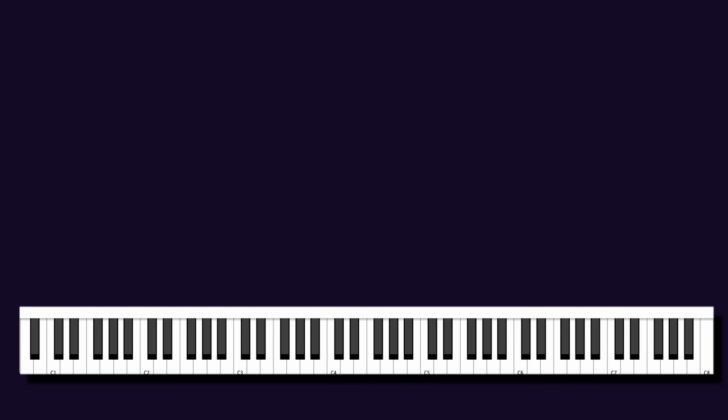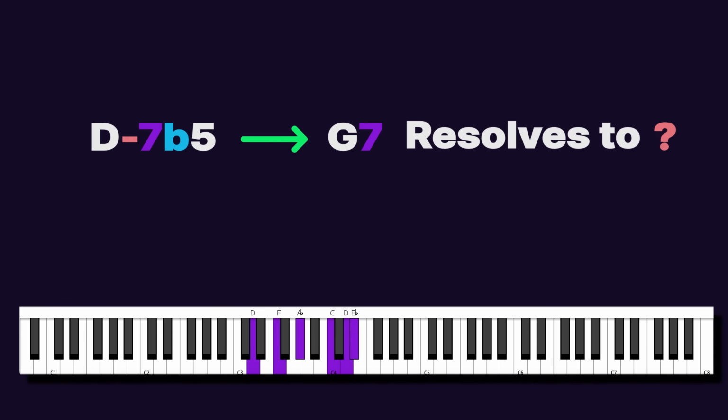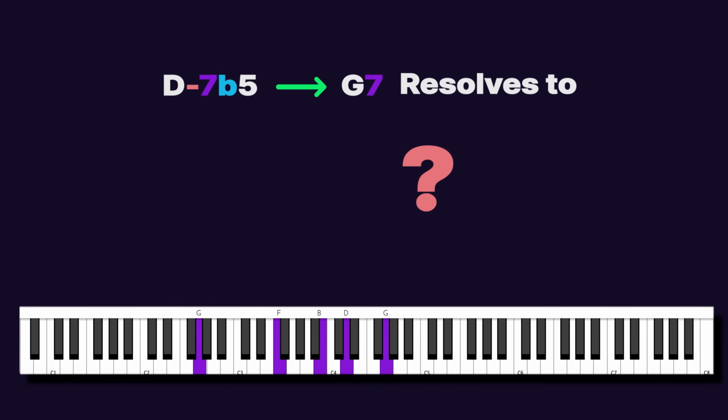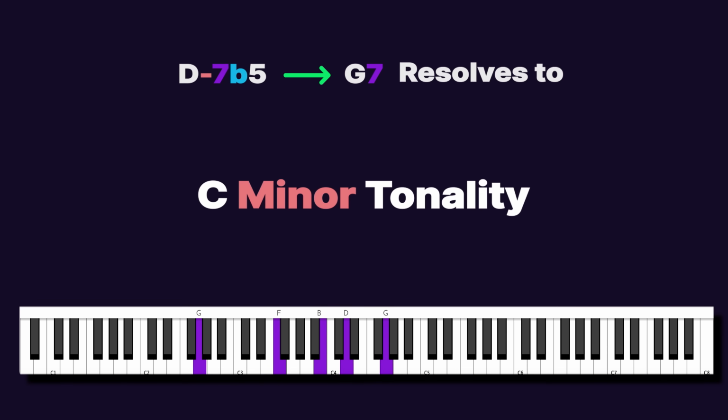So based on that concept, this is where the idea of expected resolutions comes in. Because when you use the chords that are a part of that tonal center, you're creating an expectation to resolve to the one of that tonal center. Meaning when I play a D minor 7 flat 5, and then resolve to a G7, I'm setting you up to expect a minor resolution.